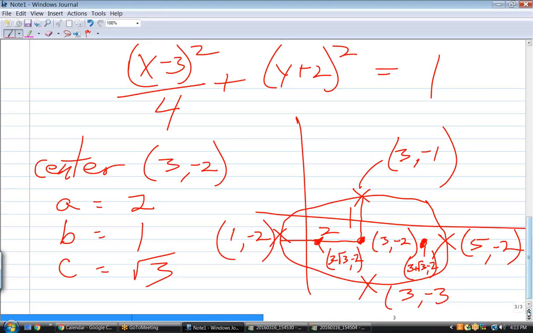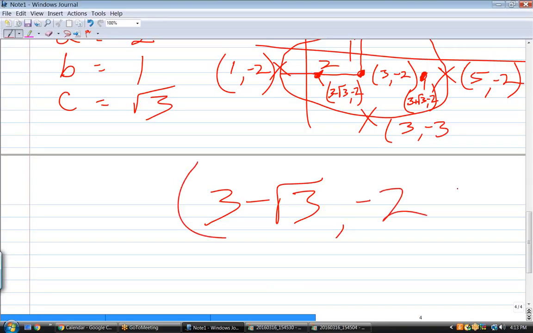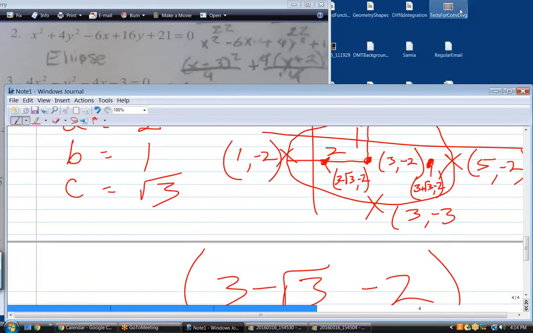In other words, as tempted as you might be to take 3 minus √3 and turn it into a number, you can't do it unless you want to approximate it. That is the proper answer. The coordinate of the foci on the left is 3 minus √3. It's not some decimal. I'm sure they're looking for exact answers. And this is an exact answer, not an approximation. Okay, so it looked like you handled the ellipse just fine.